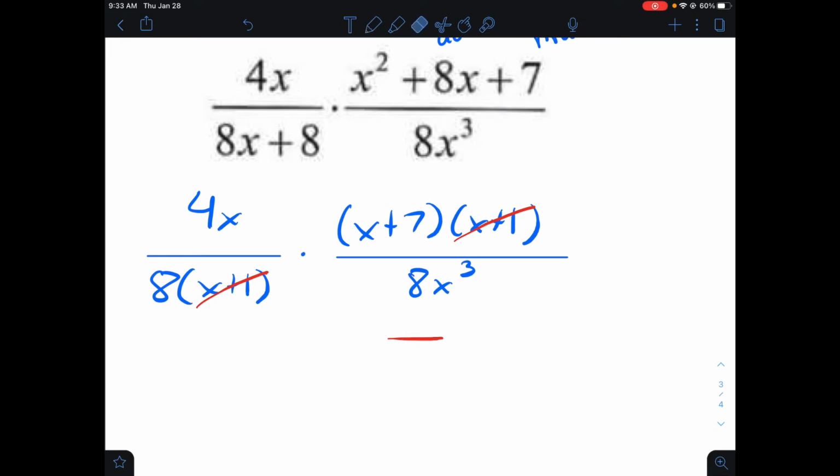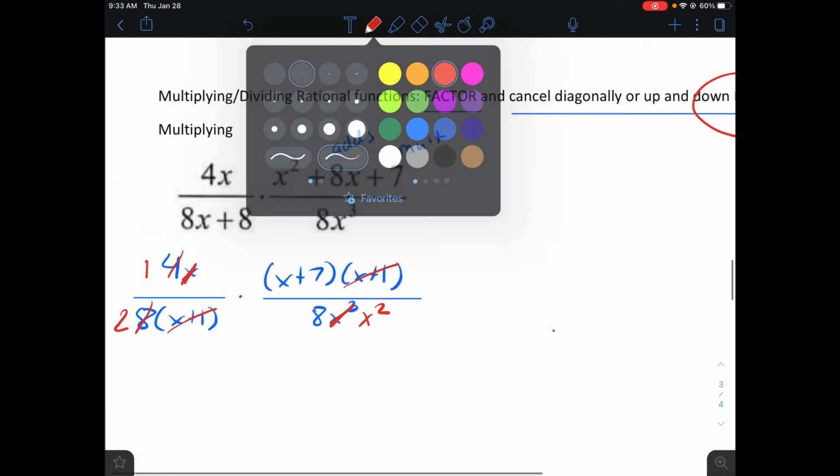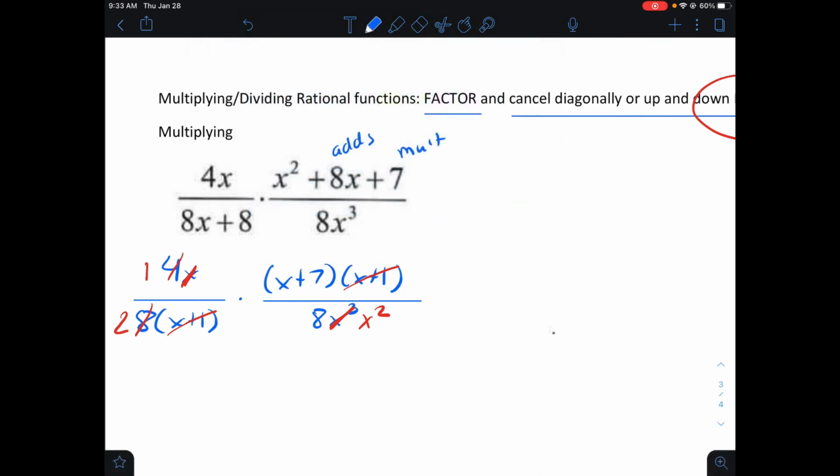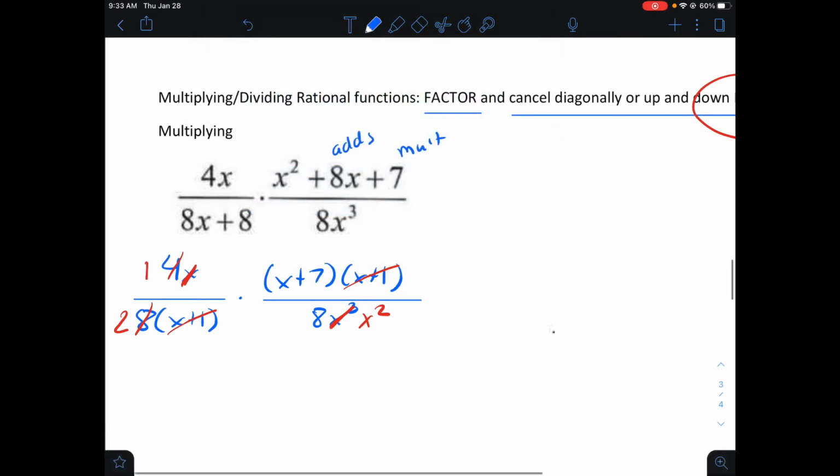What you can do, though, is cancel this 4 with this 8. 4 over 8 gives us 1/2. So that's going to give us a 1 over 2. And then this x can cancel with this x cubed, and we get an x squared down here. So on the top, I am left with a 1 times x plus 7, which we would just leave as x plus 7.